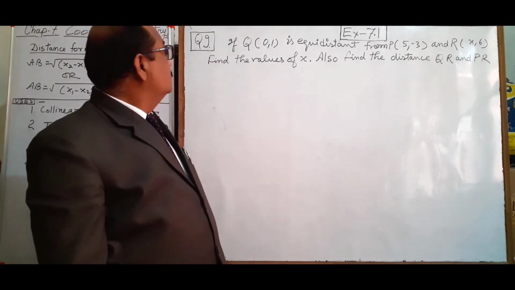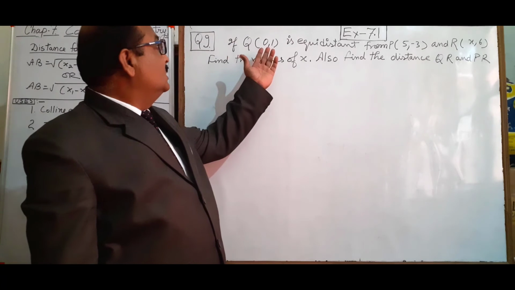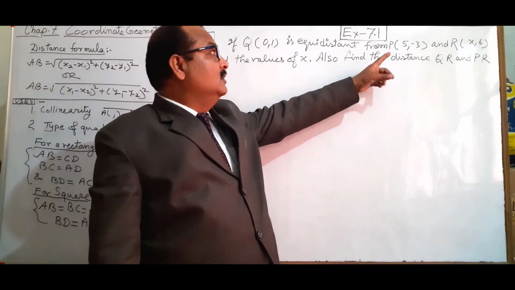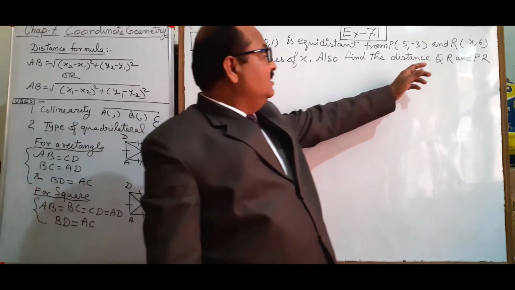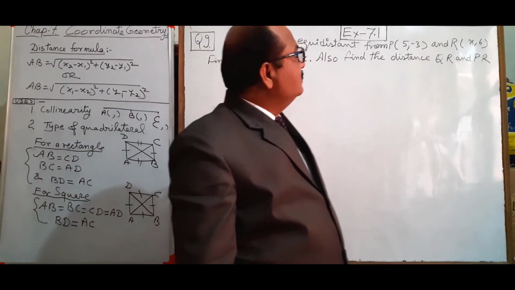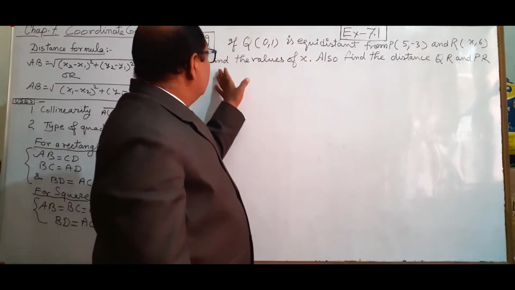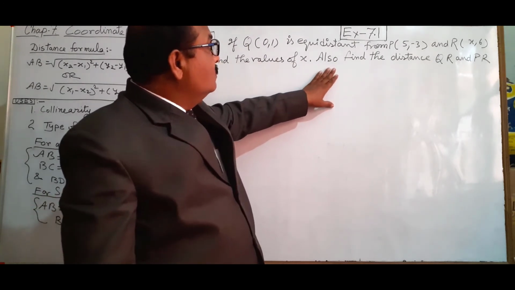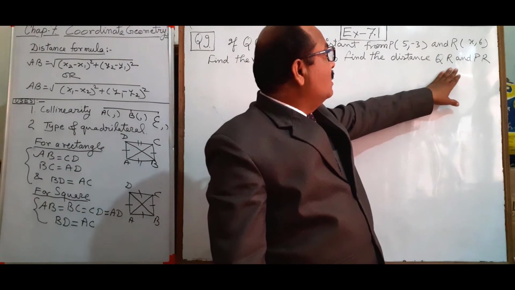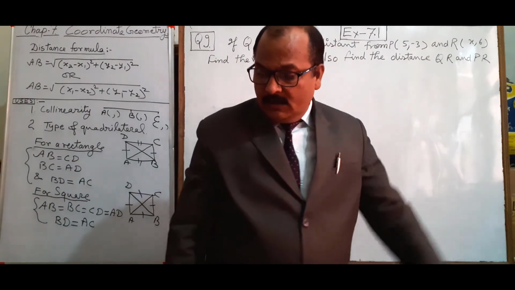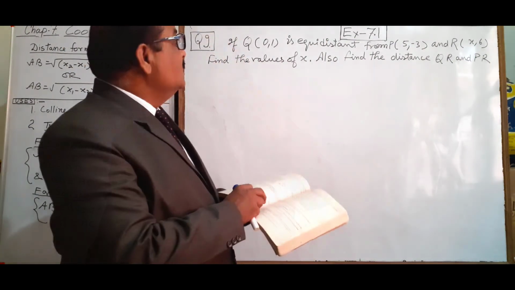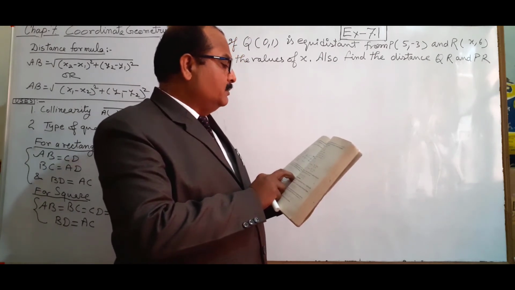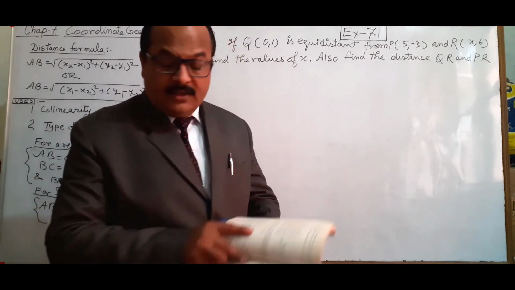Question number 9. If Q(0, 1) is equidistant from point P(5, minus 3) and R(x, 6), find the values of x. Also find the distances QR and PR. You can see it may be possible that two values are coming for x.